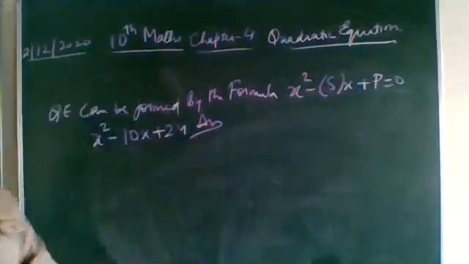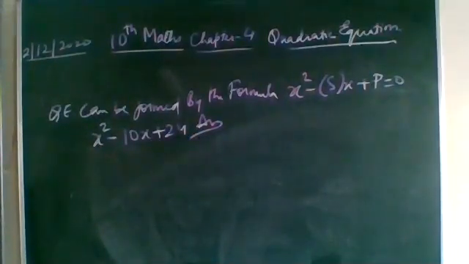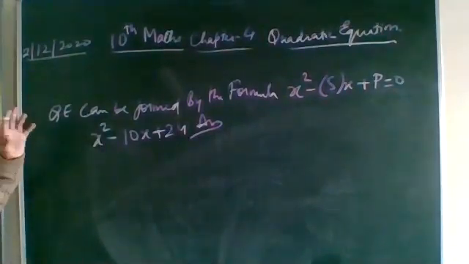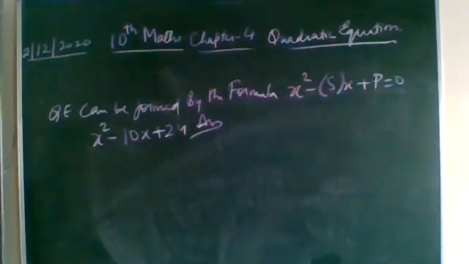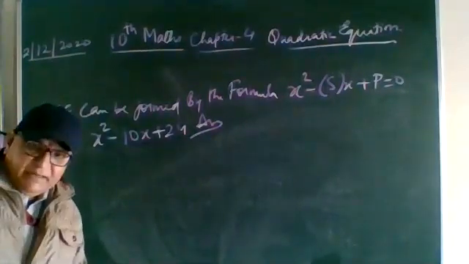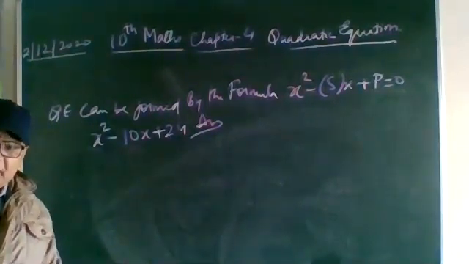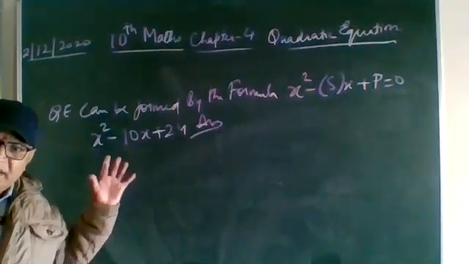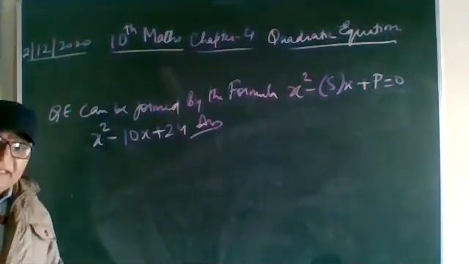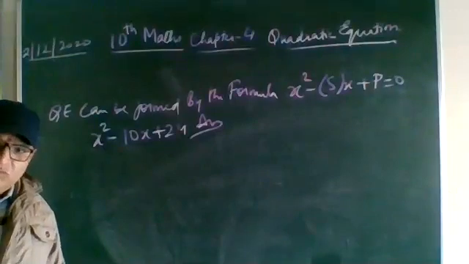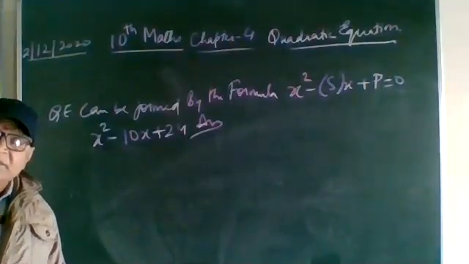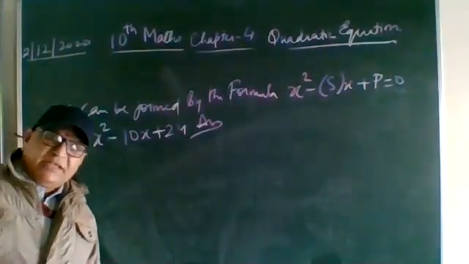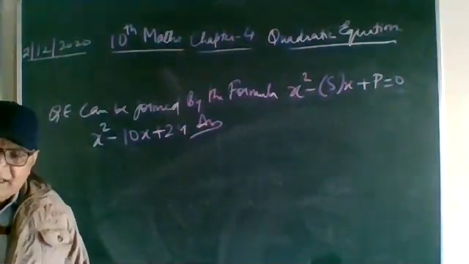So I have explained this variety of questions. Sometimes, instead of 2 alpha and 2 beta for the required quadratic equation, they say 1 upon alpha and 1 upon beta. No change in the method. All the things are to be done by this method, and you will be able to do the question. Sometimes they say one root is twice the other.